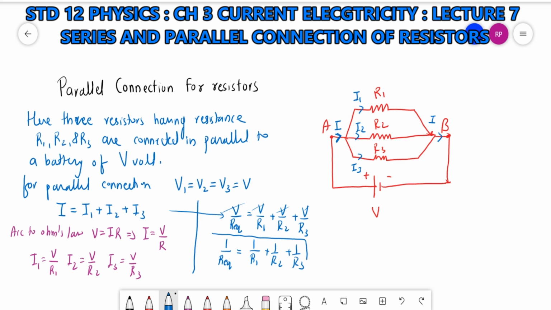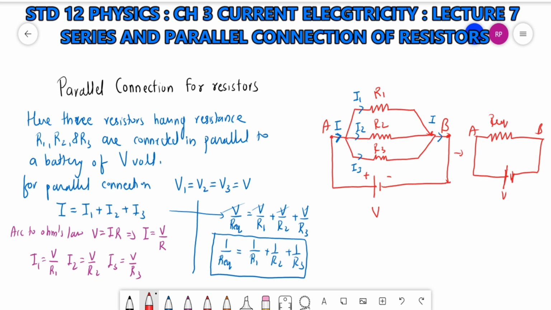This is the R equivalent, means when I convert this into this type of circuit, this is point A, B, and this is R equivalent, it will be such that 1 by R equivalent will be equal to 1 by R1 plus 1 by R2.